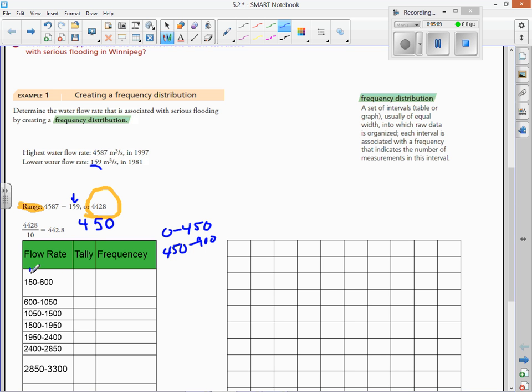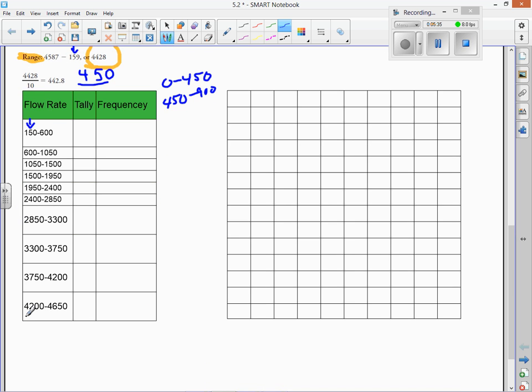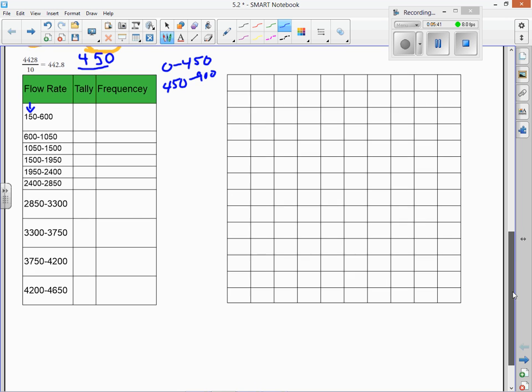So I'm going to start with a low value of 150, and then this is our spread. So we go up by 450 each time. So we're going to count the number of flow rates we had between 150 and 600, between 600 and 1050, all the way up to 4200 to 4650. And that would take in all of our data.